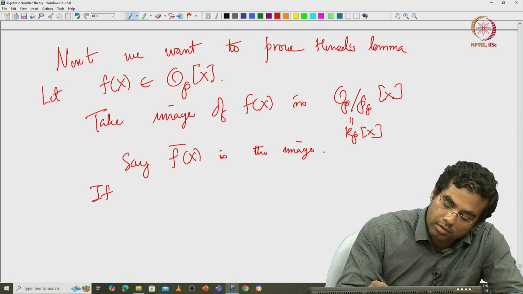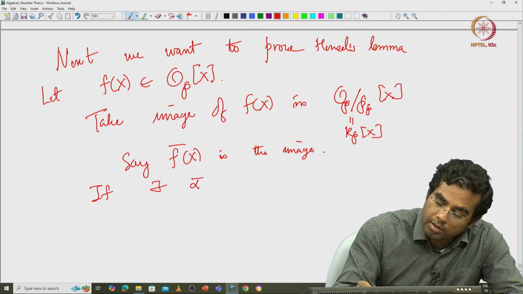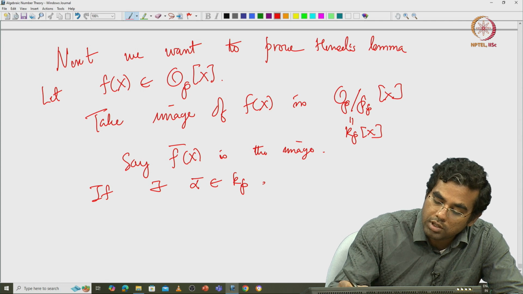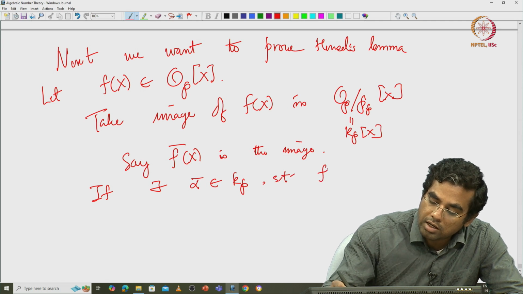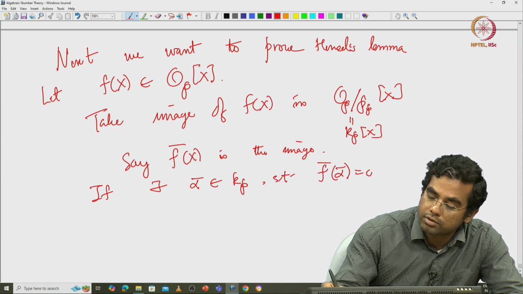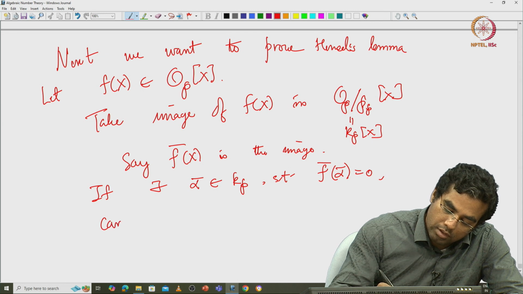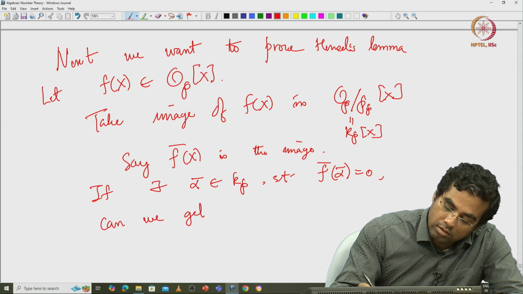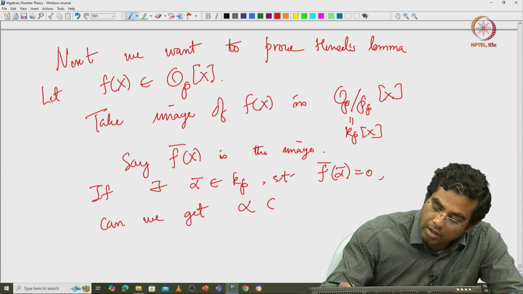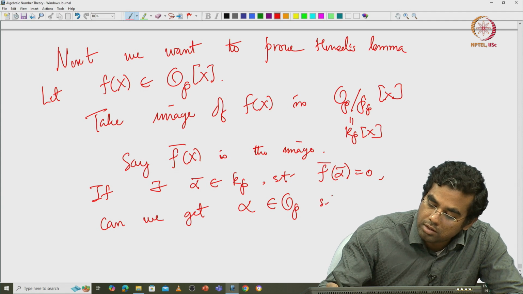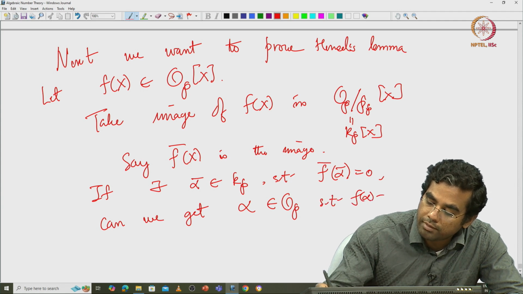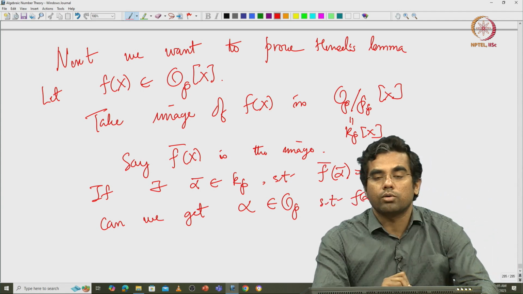Now, if there exists alpha bar in k sub p such that f bar of alpha bar equals 0, can we get alpha in O sub p such that f of alpha is equal to 0? That is the question.